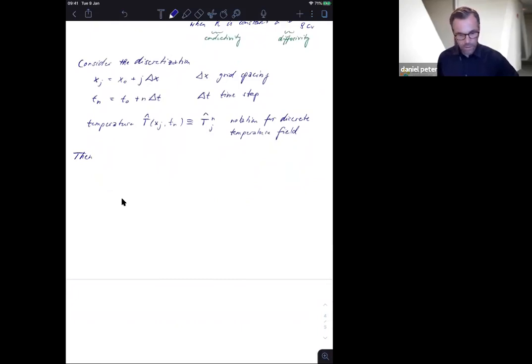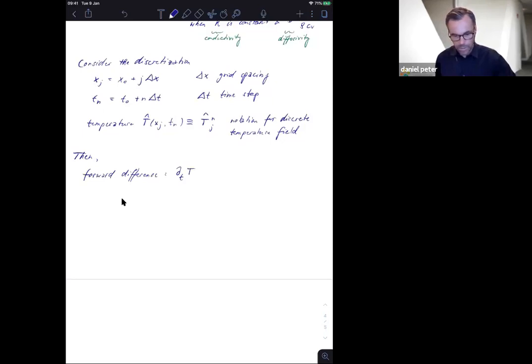So let's look at the schemes that we are using. And from the exercise, what we looked at is the forward difference scheme, for example, in time.